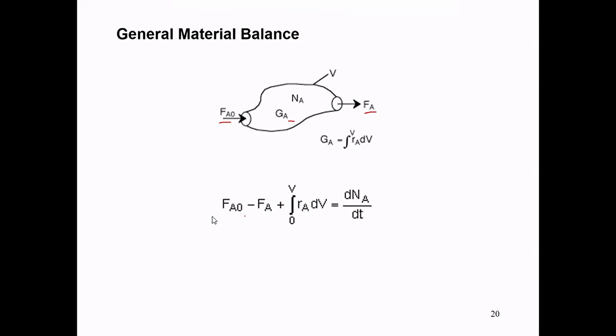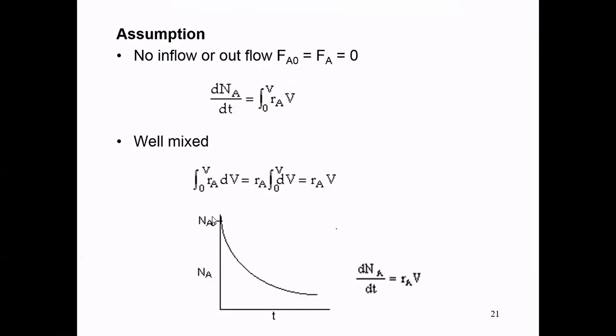So you can write it down like this: input minus output plus the reaction rate in terms of volume, and then at the end you will get dNA, the number of moles over time.